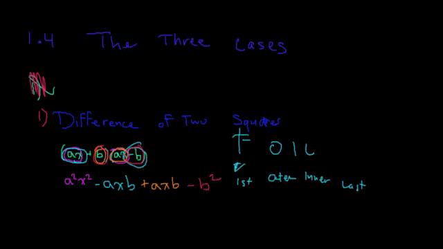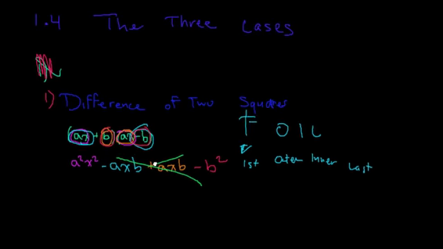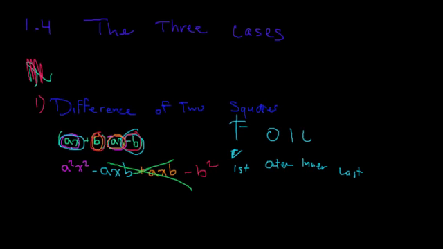Now, you might immediately see that these two automatically cancel out. And you should get A squared, X squared, minus B squared. And that's the difference of two squares.